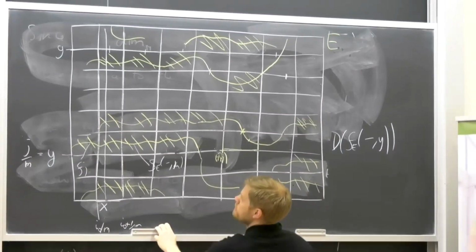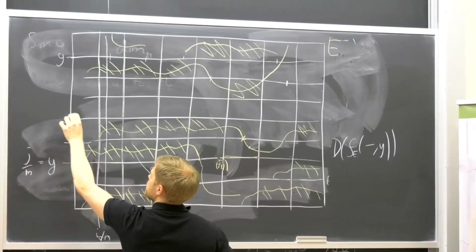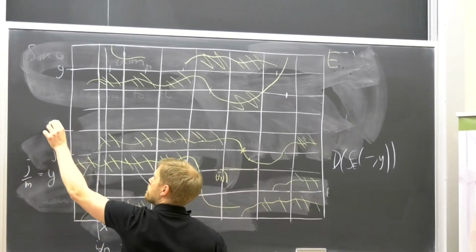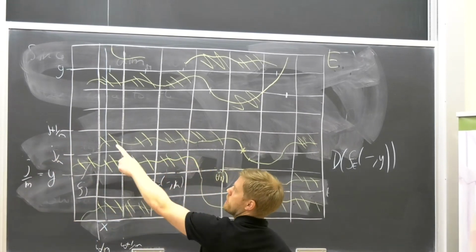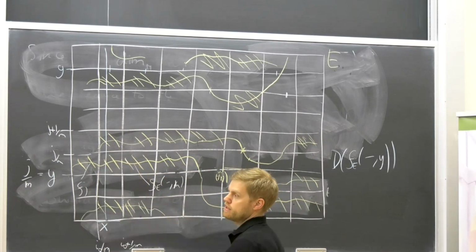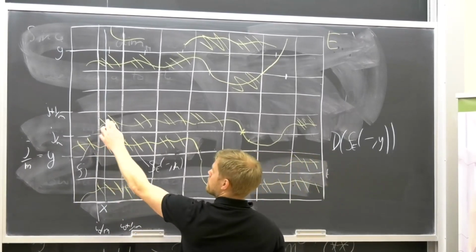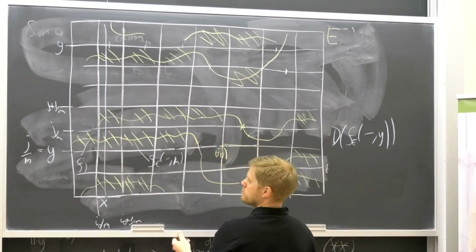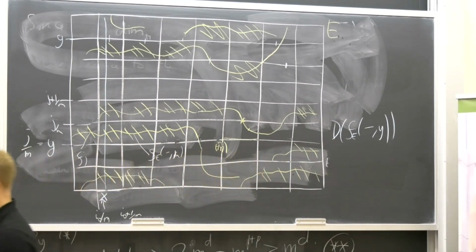And so you take one of these, maybe this one here to be j plus 1 over m. And so I know that I0j is in H, so it's colored. And so this means there's this wiggly line that doesn't leave the box. And so now I take any x and I just have to show that this hits the interval.